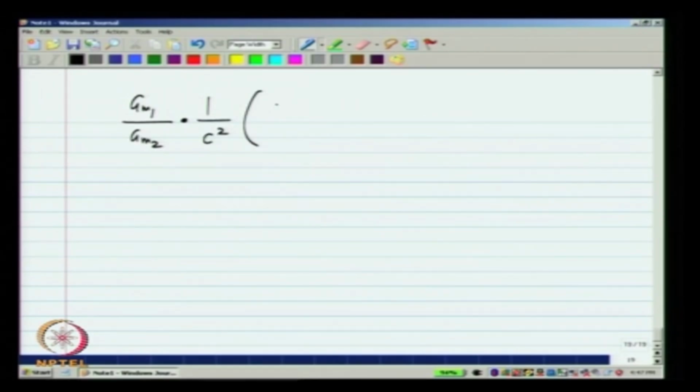And this 16 degrees came because we chose GM2 by GM1 of 4, otherwise we would get some other number.